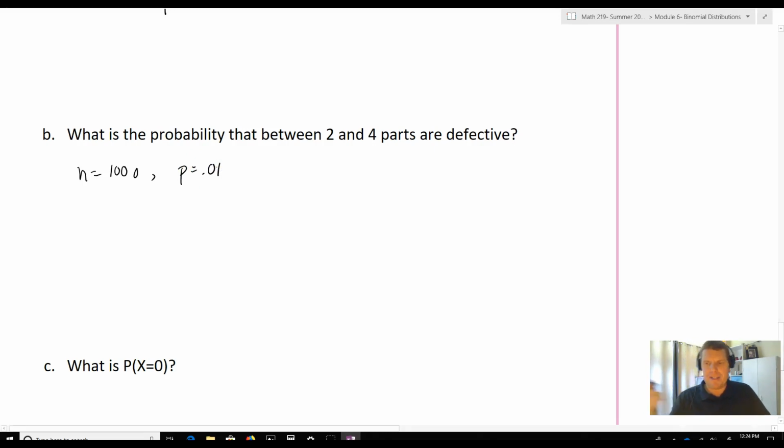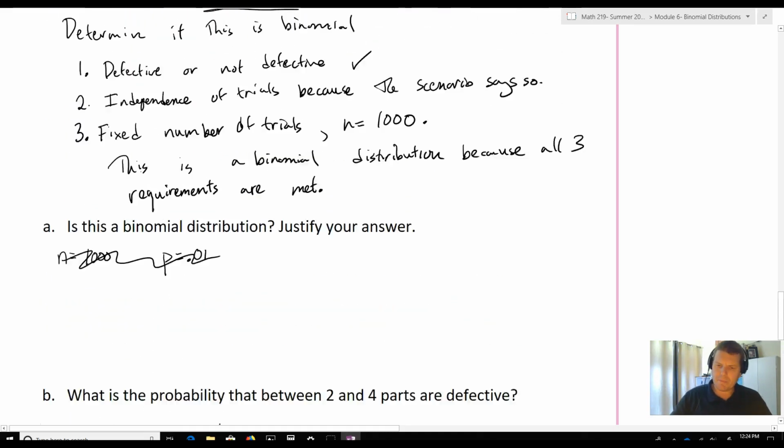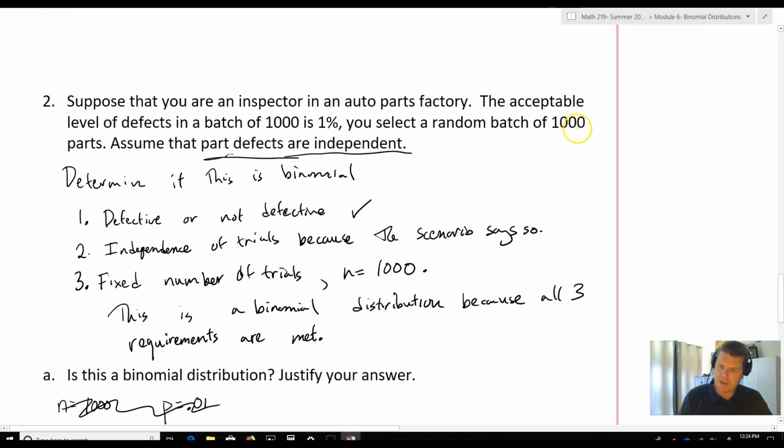Then the next part is that I want to write out in symbolic terms exactly what I'm looking for: the probability that I'm going to have between 2 and 4 defective parts. And I'm actually going to change this to 100. It says 1,000, but I'm going to make it 100.